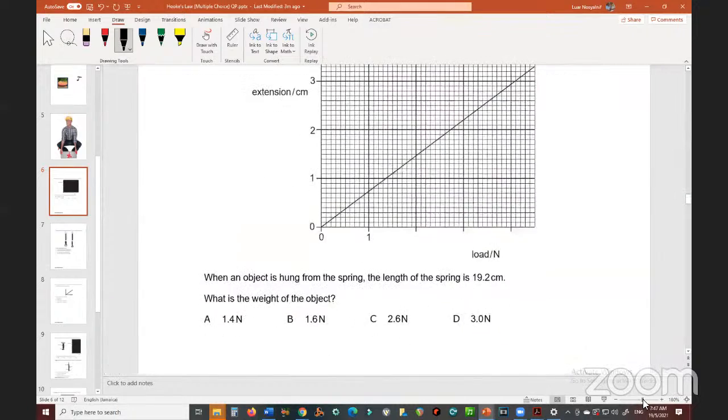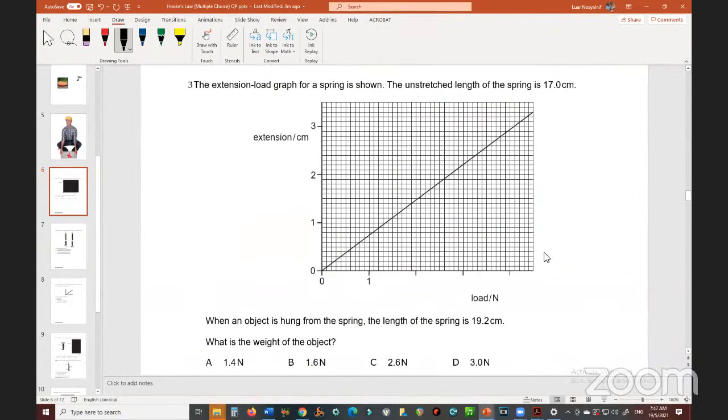This is just a regular graph like the one we got last time, but in this case I'm drawing it and asking you to read it. So again, this is something that CXC could ask. You plot the graph and I'm asking you things about the graph.